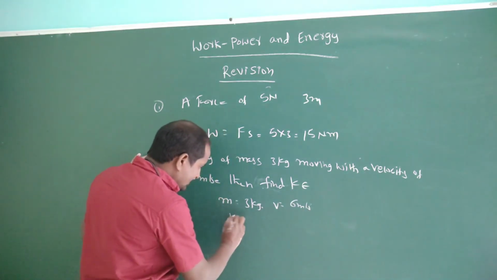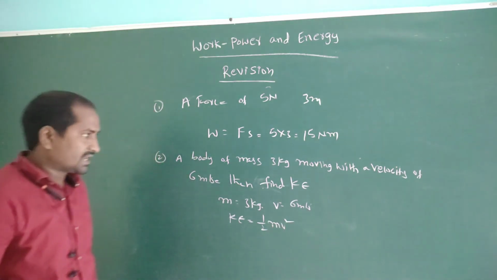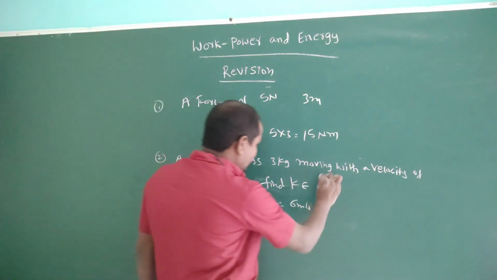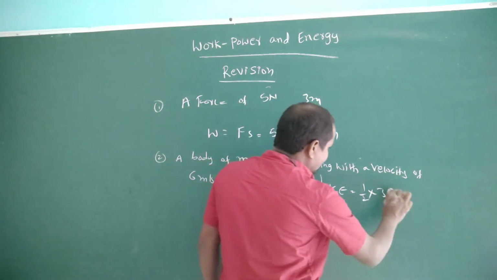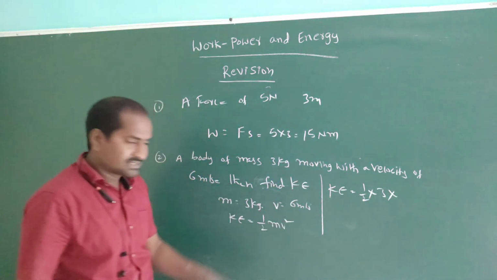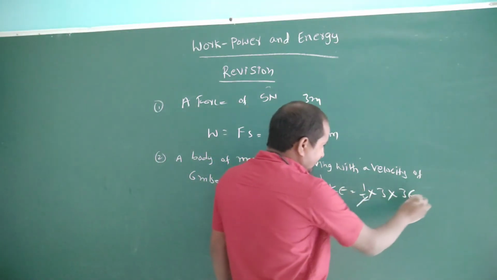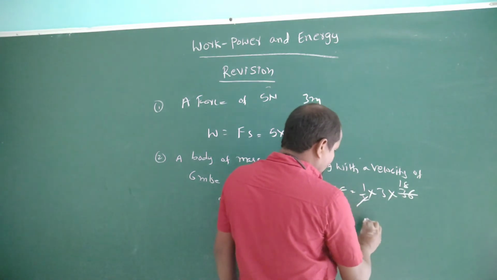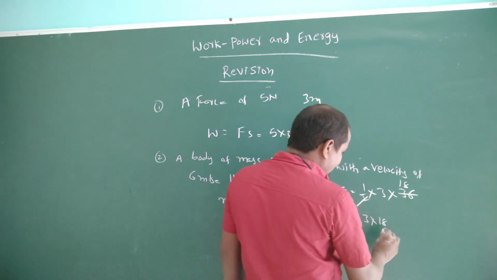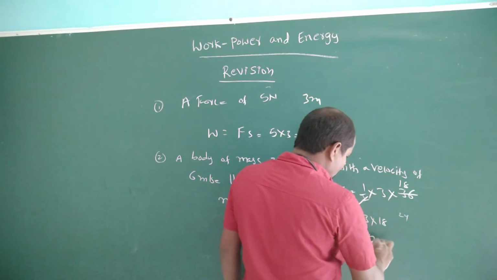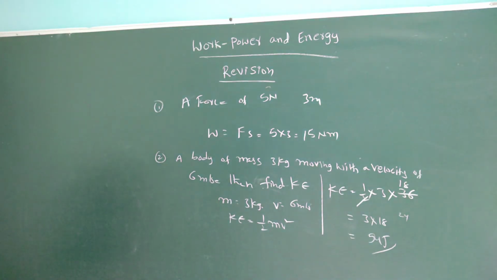So K is equal to half into m into v square, that is half into 3 into 6 square, which is 36. Half of 36 is 18, so 3 into 18 is 54 joules.